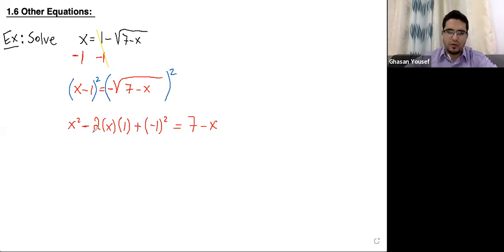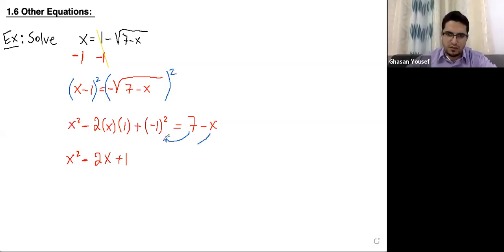Now I will move and simplify everything to one side. I will move the 7 to this side, and I move the -x to this side. At the same time, I will simplify everything here. So now I get x squared minus 2x plus 1. To move the 7 to the other side, I have to subtract 7 from both sides.